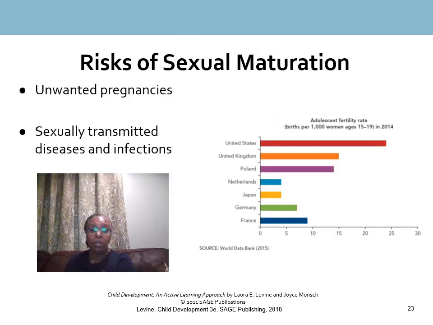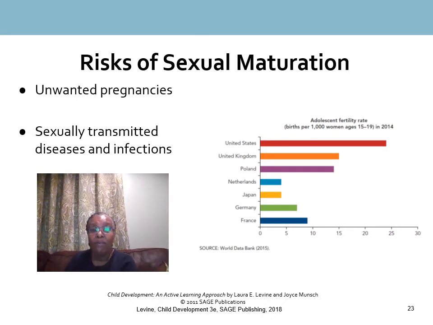All right. So, some risks we need to look at and discuss in terms of sexual maturation. I know this is child psychology, but you still need to know about adolescents as well. After they go through puberty, males produce viable sperm, and females can become pregnant.